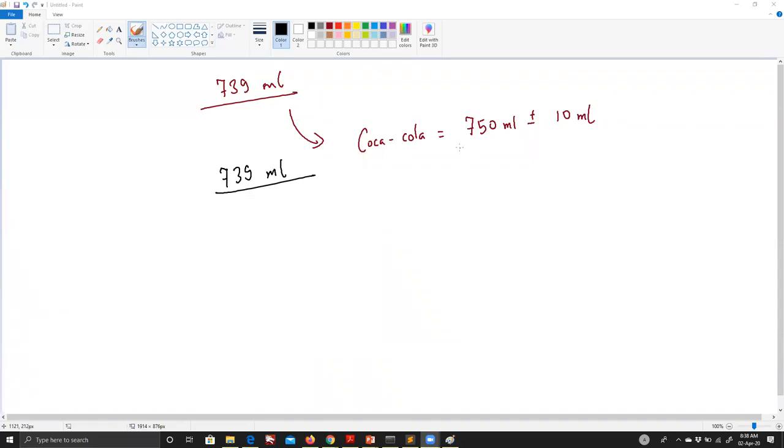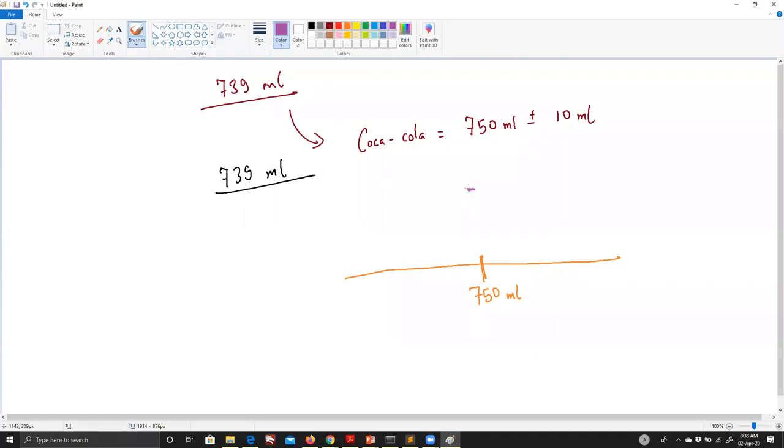So first, try to imagine the Coca-Cola filling process. 750 ml is here. Most bottles will be filled around 750 ml.